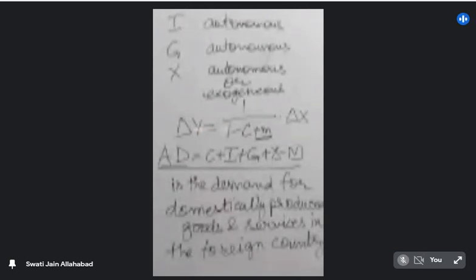In other words, this is the foreign demand for domestic goods and services.